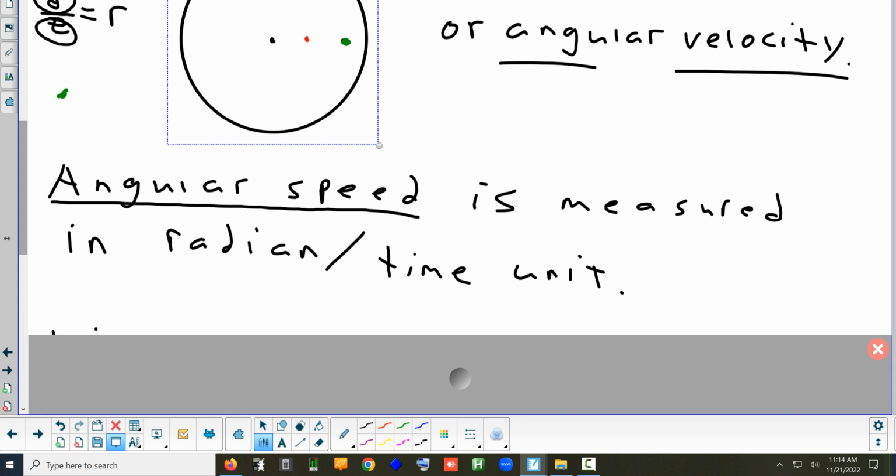Revolutions per minute is pretty common, probably the one you're most familiar with. But in our book, if you see a question that says find the angular speed and they don't say what unit to use, use radians. What time unit? I don't care. Whatever time unit's in the problem: radians per second, per minute, per day. Time unit doesn't matter.